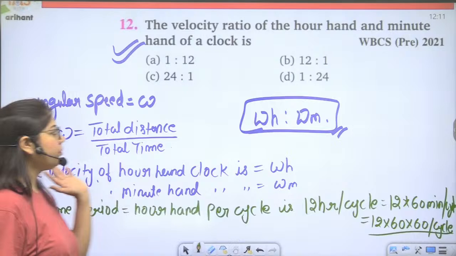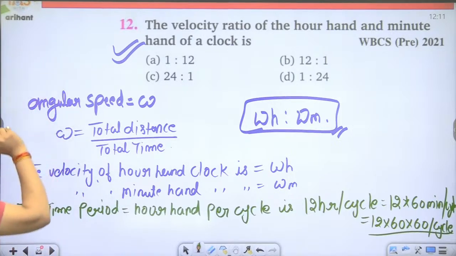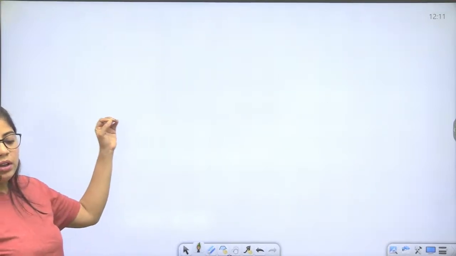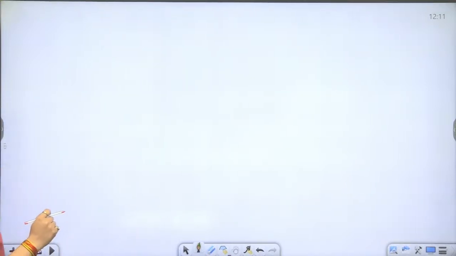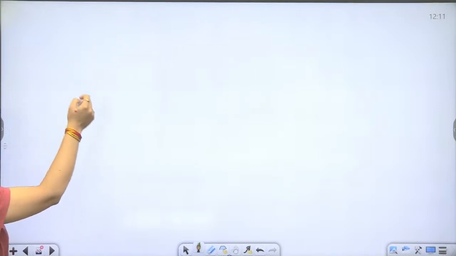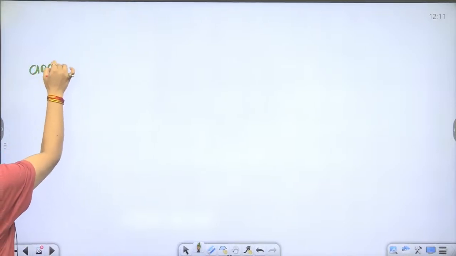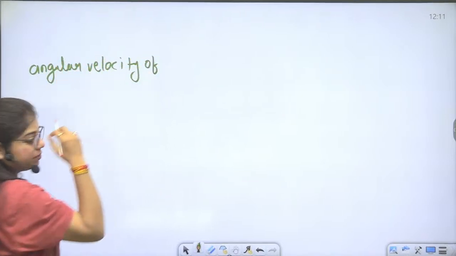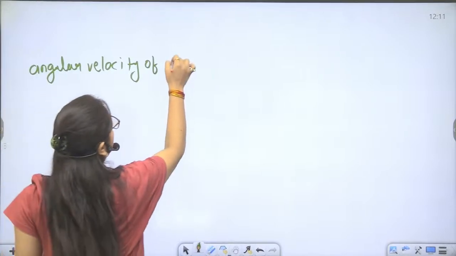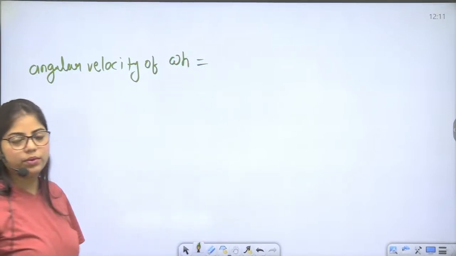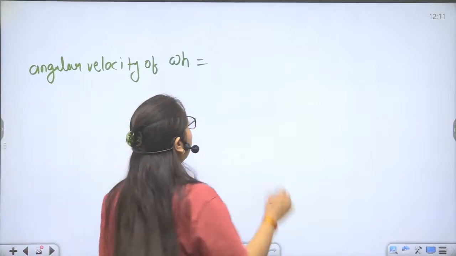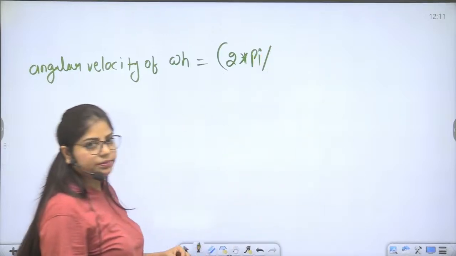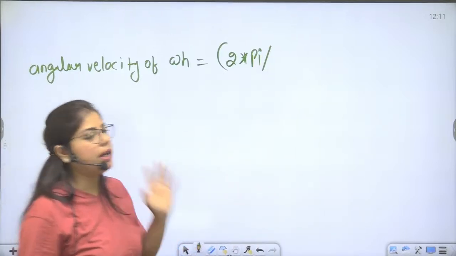Now we have to take the next page, a blank page. The angular velocity of the hour hand is equal to 2 into pi upon 12 into 60 into 60.